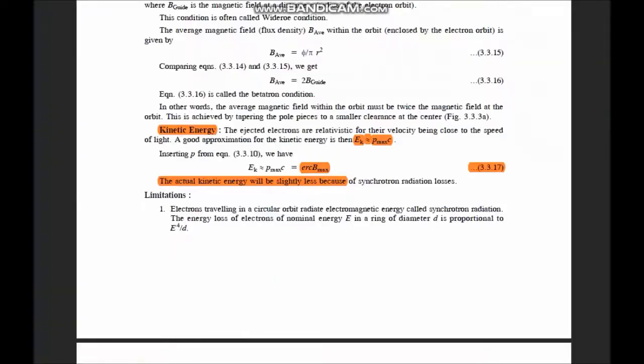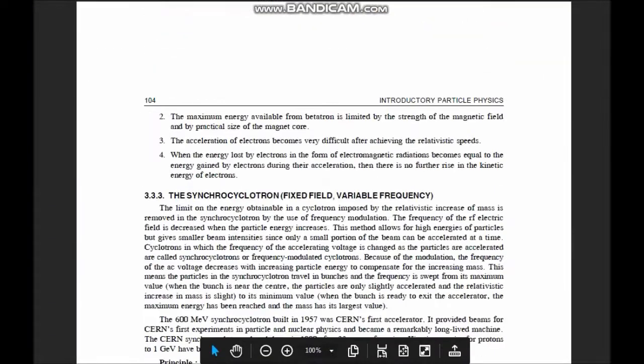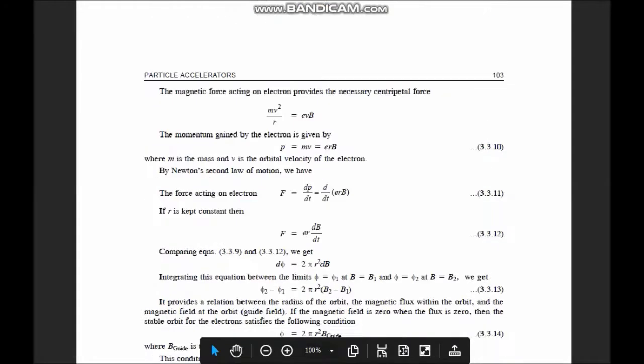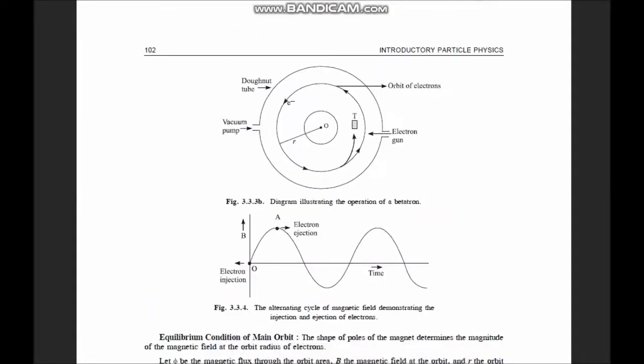So that is done by this tapered magnet, by taking a special shape of the magnet, so that we can create a proper accelerating chamber in which we are applying this magnetic field.